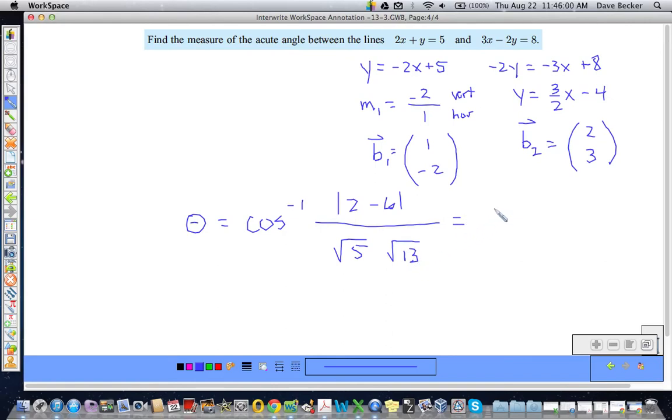So that's going to be equal to cos⁻¹ of 4 over, I'm just going to leave that because I have my calculator. 13 times 5, I get 65, no big deal, which is approximately equal to 60.3 degrees.